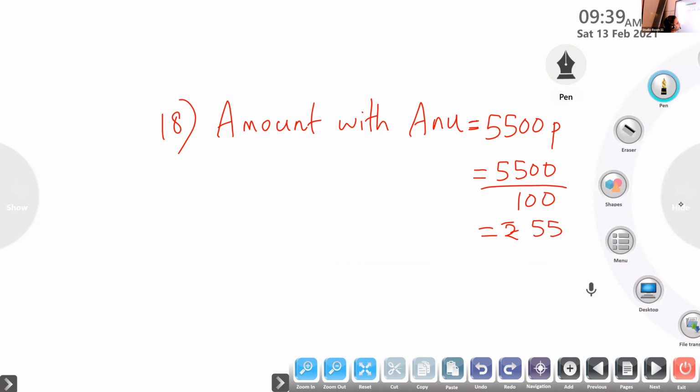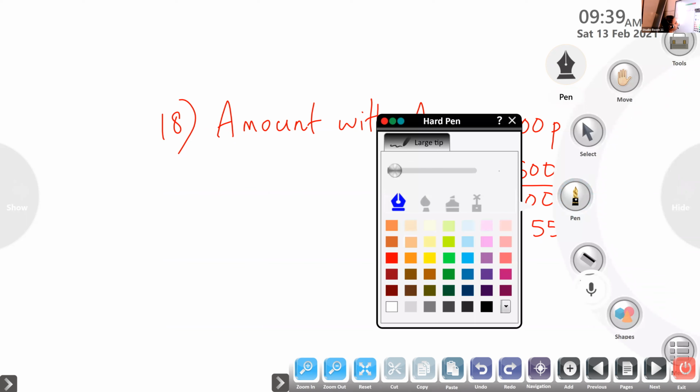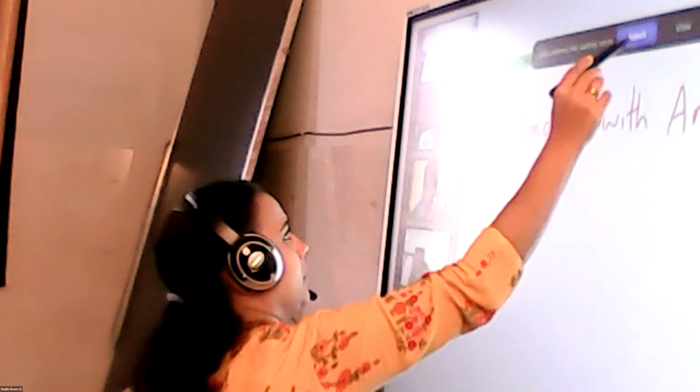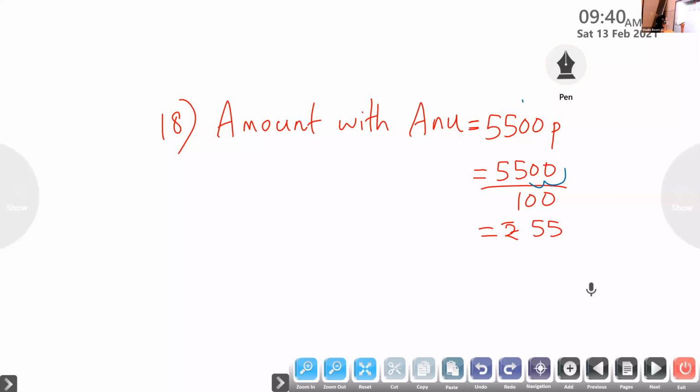Because children, we know if we divide, we have to place 2 decimals, and it is 00 after that. So we are not writing that now. We just write rupees 55. Now amount with Ria.